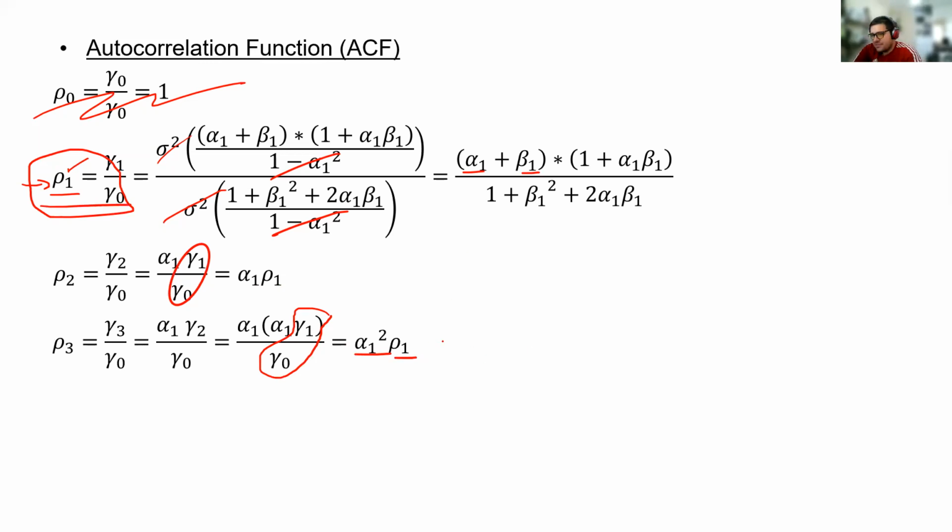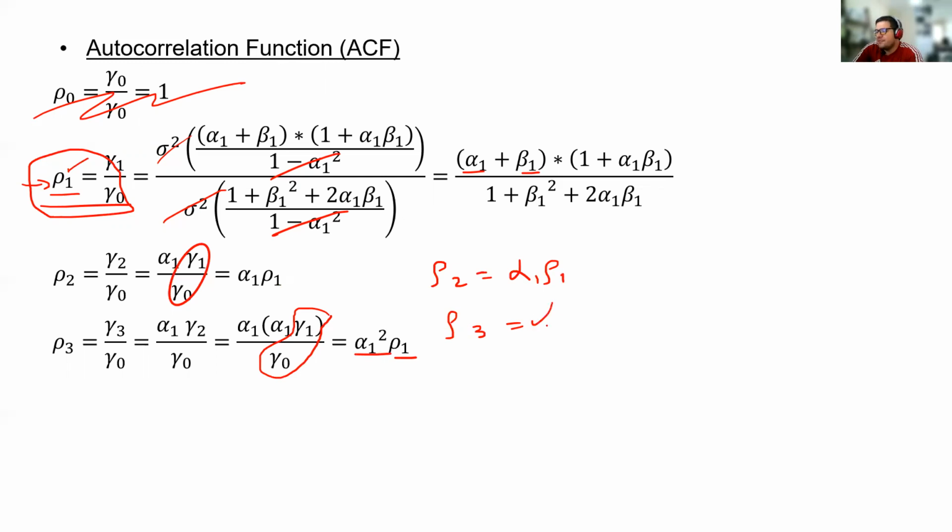And you probably notice a pattern here. For phi 2, rho 2 is alpha 1 times rho 1. For phi 3, rho 3, shoot, I'm terrible at the Greek alphabet, sorry.